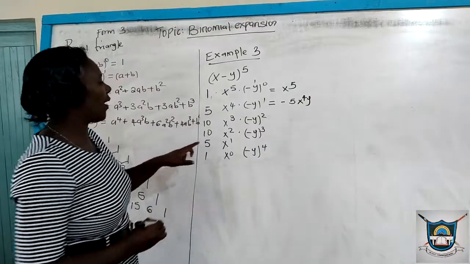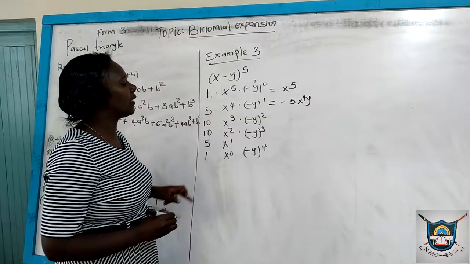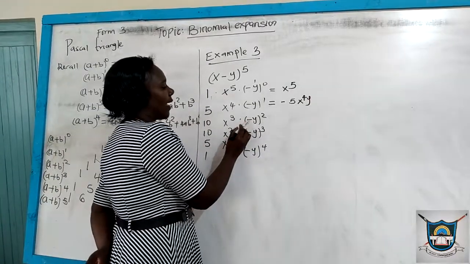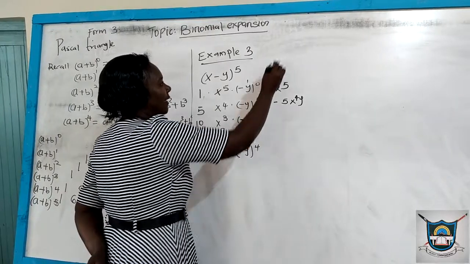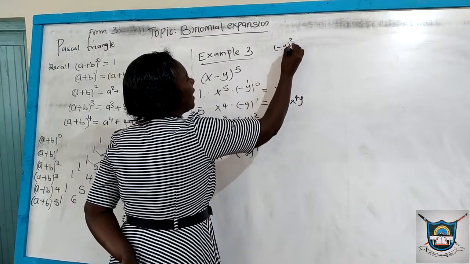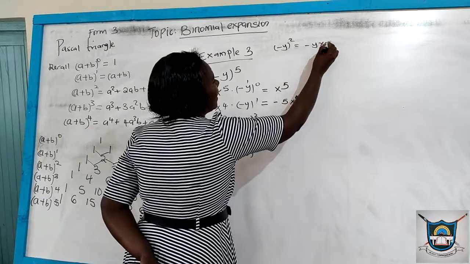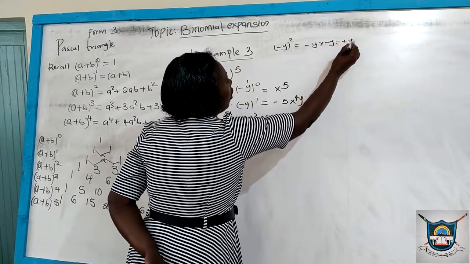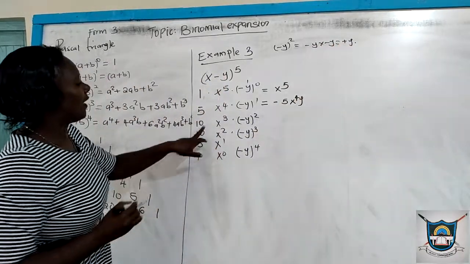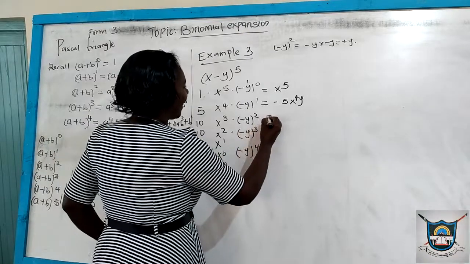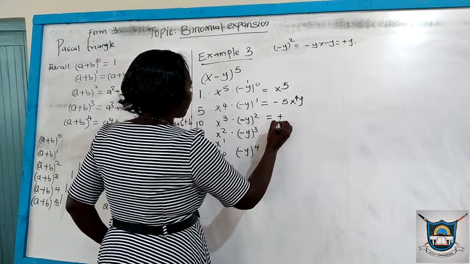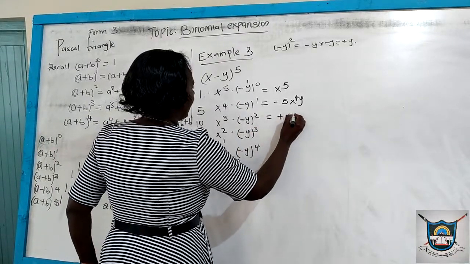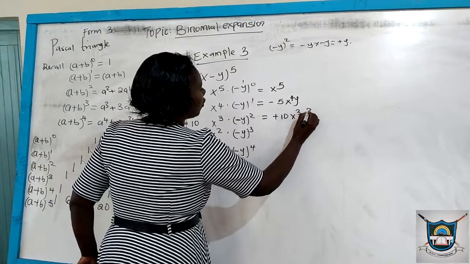The third one, we have 10 times x cubed times (-y) squared. Negative y squared means negative y times negative y, which will be a positive y squared. So if we multiply all of them, we get a plus 10x cubed y squared.